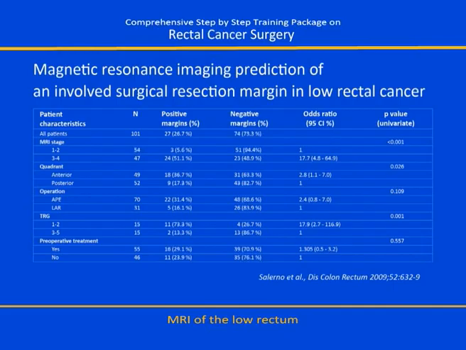So when you compare the outcomes, if patients are stage 1 or 2, only 3 positive margins were seen in this group, compared with 24 positive margins in patients with stage 3 and 4. And the odds ratio for a positive margin for MRI stage 3 and 4 is 18. So 18 times higher risk of a positive margin.